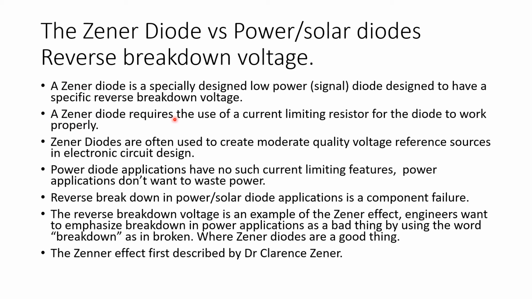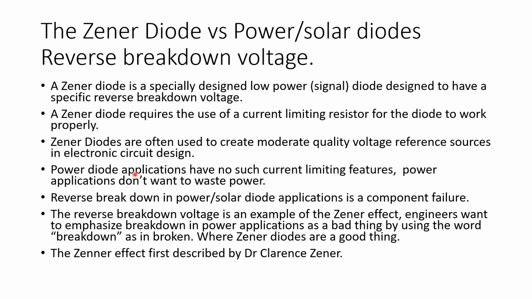A Zener diode requires the use of a current limiting resistor for the diode to work properly. Zener diodes are often used to create moderate quality voltage reference sources in electronic circuit design. I actually use Zener diodes quite a bit in designing linear power voltage regulators.